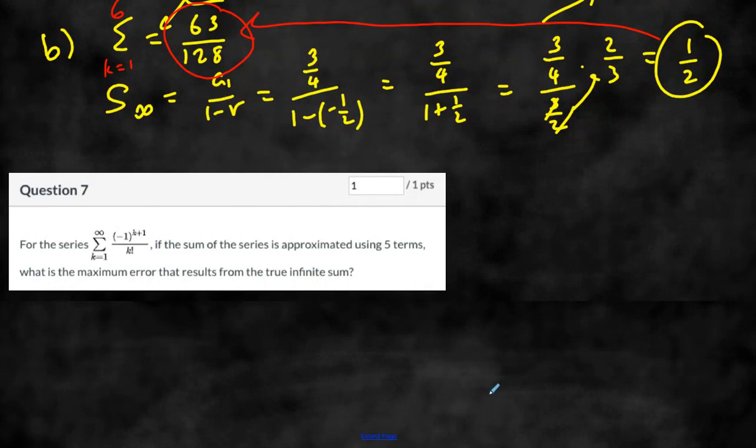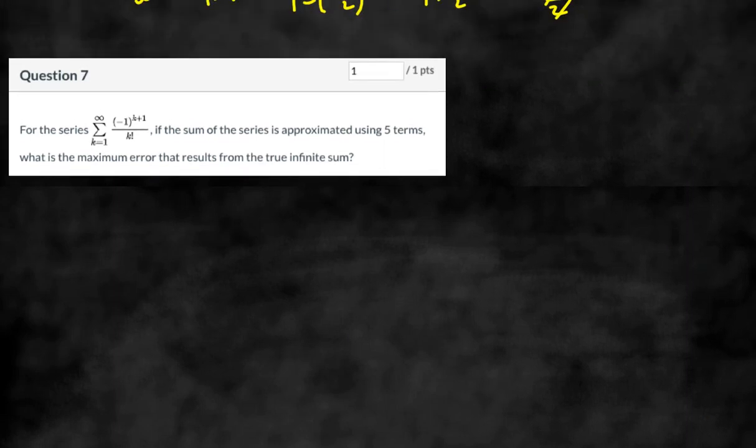Let's take a look at the last one here, number 7. Number 7 says, for this particular series here, they give us the formula for the series. If we use it for 5 terms, what's the maximum error? The maximum error is going to be the 6th term.